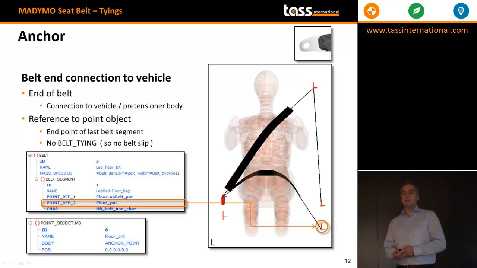It means that you have the last segment in your chain of multi-body segments. You have a point reference 2 as an attribute, which you can refer to a point object, for instance, connecting to a body belonging to your multi-body vehicle model. For anchor points, if there's no slip at the anchor possible, you don't need to define any belt tying. This means it's a fixed end to the vehicle.